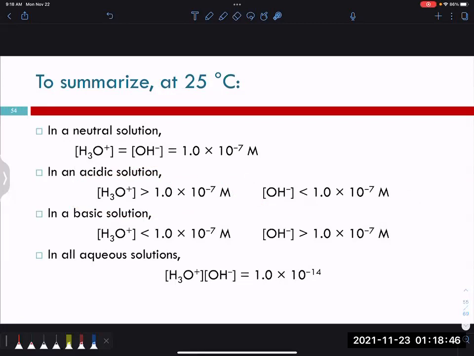And then in a basic solution, it's the opposite. So we have less of the acid, so less than this neutral concentration, and more hydroxide. But for any aqueous solution, this is the case. If you multiply the two concentrations together, it's going to be 1 times 10 to the negative 14.